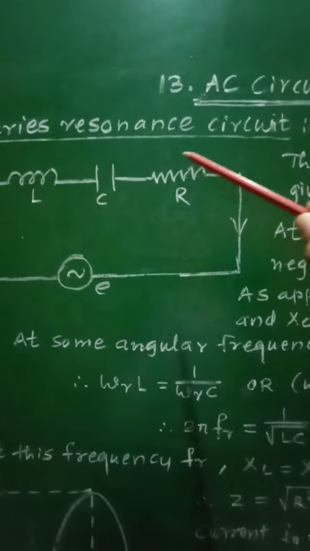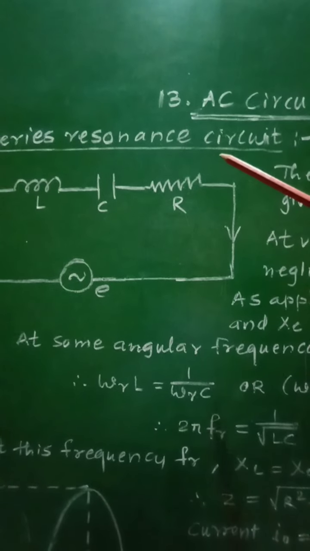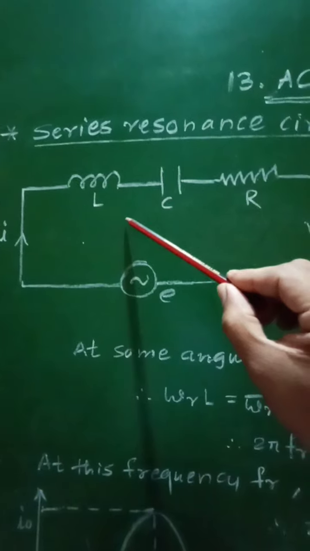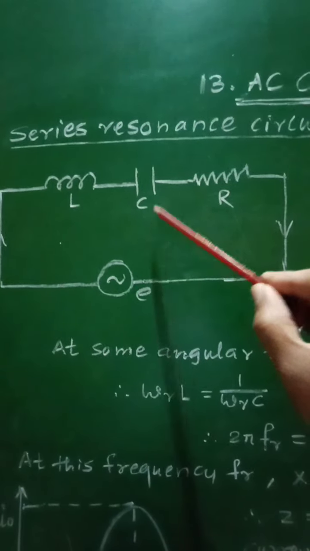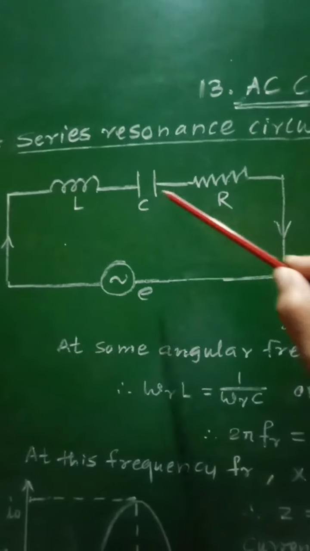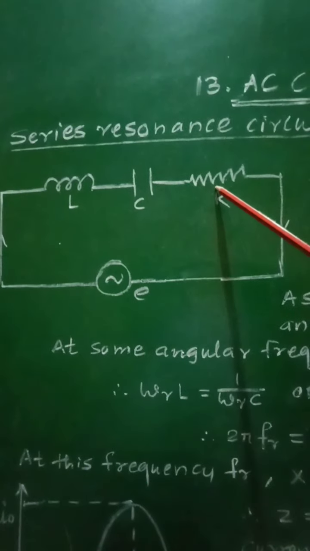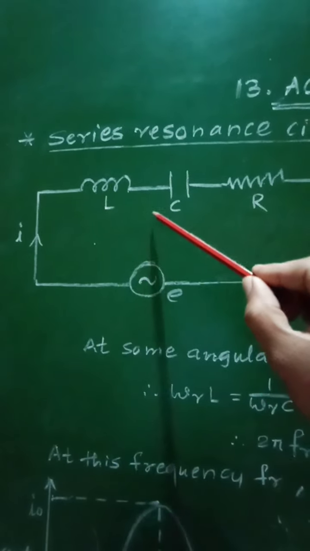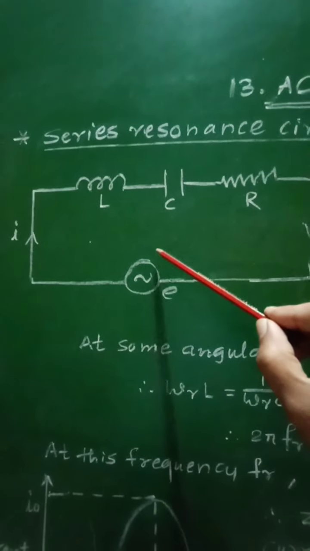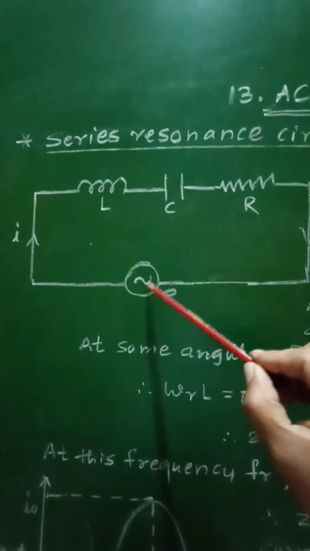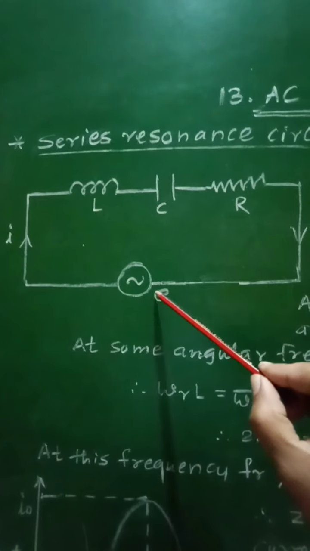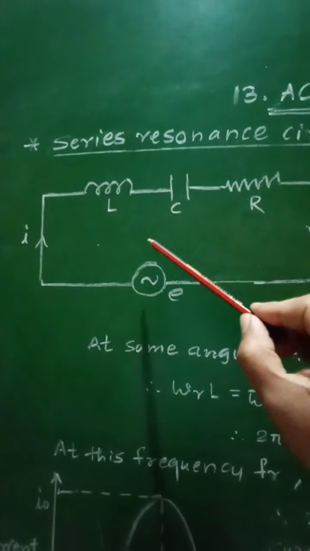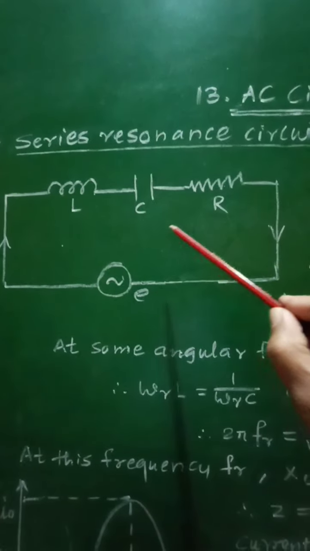Series resonance circuit. A circuit in which the inductance L, the capacitance C, and the resistance R are connected in series, and this series combination of L, C, and R is connected to a source of alternating EMF E, is called the series LCR circuit.